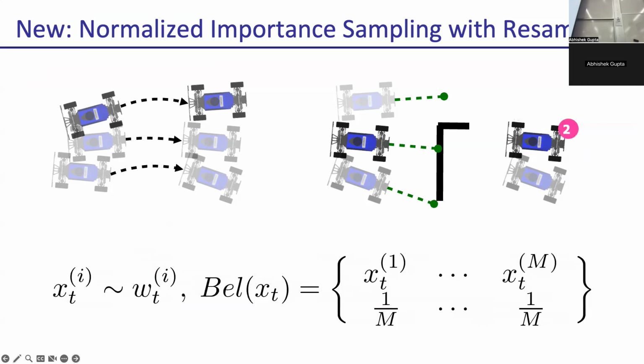And so after this, our new distribution is going to be unweighted again. It's going to have uniform weights, but it's going to have 2 particles here and 1 particle here and no particle here, right? And so I concentrated my belief away from things that didn't matter. The weight was really low there, it didn't matter, so I concentrated my belief away from it. That's how the resampling step works, right?